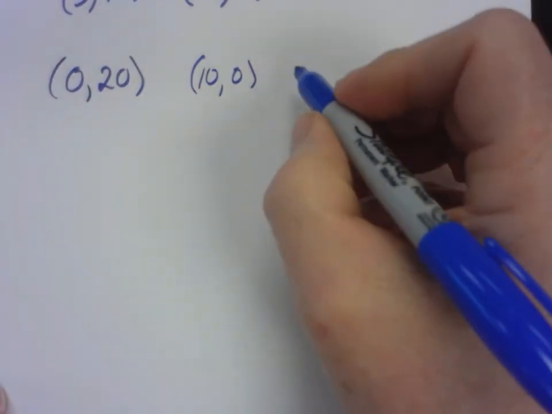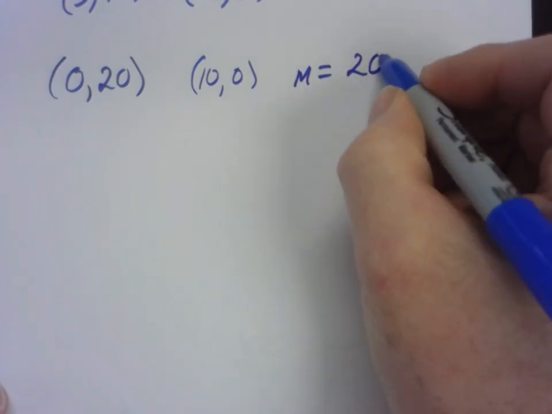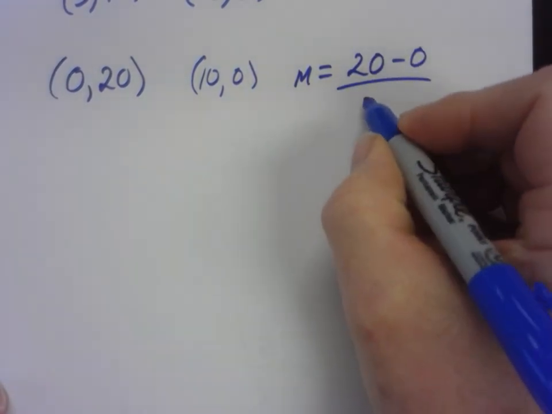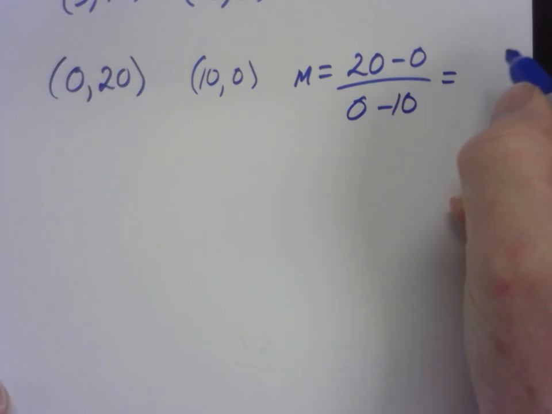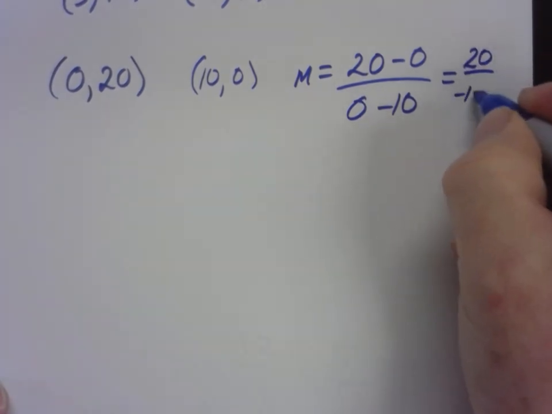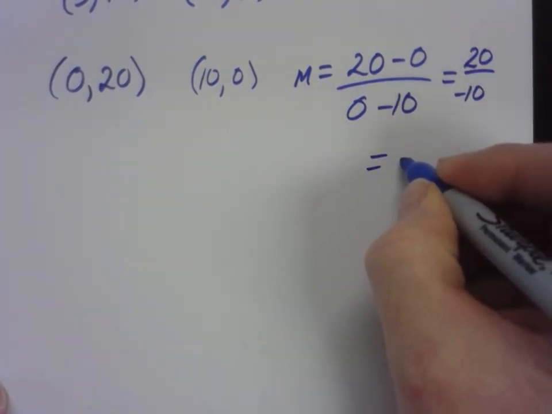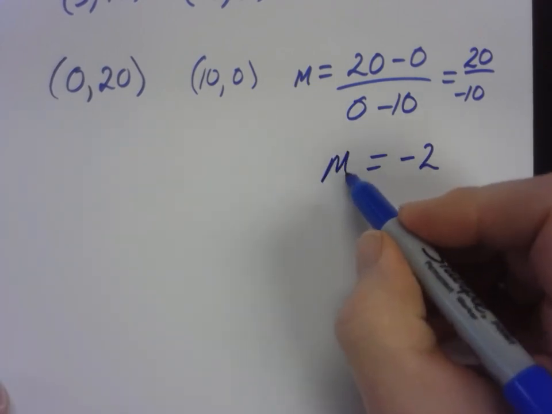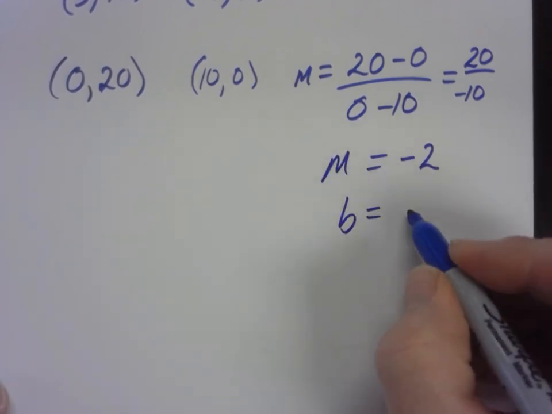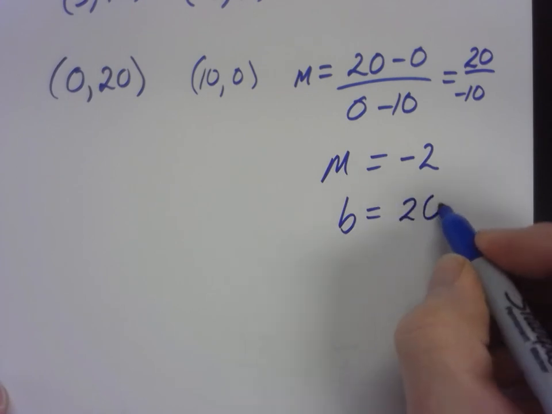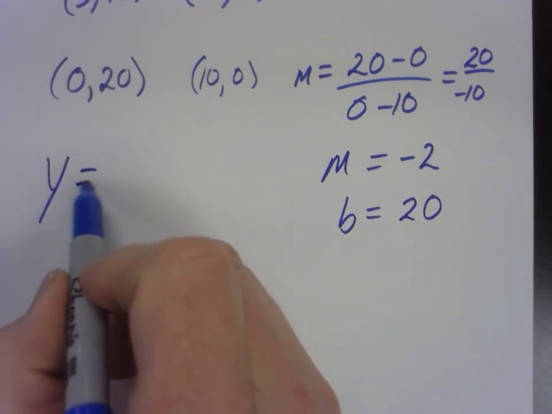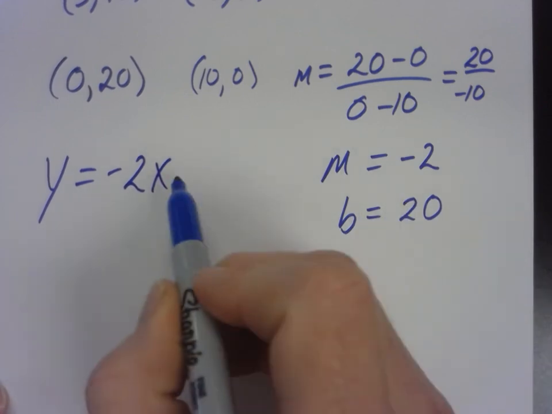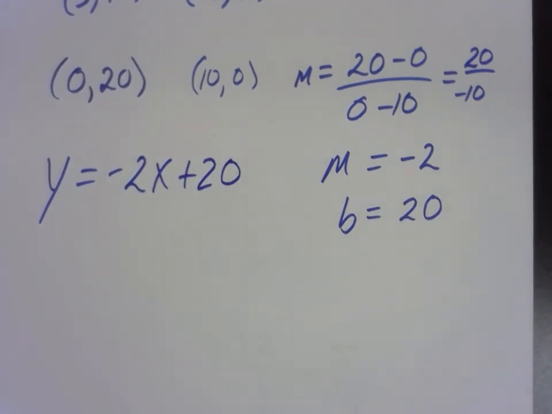Sure. 20 subtract 0 over 0 subtract 10. That's 20 over negative 10, which is negative 2. Well, we see a negative correlation, right? Do we already know the y-intercept? Yeah, it's 20. So y equals negative 2x plus 20. We don't even have to do point-slope form or anything, do we?